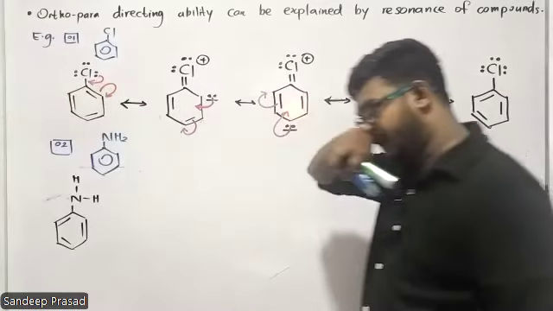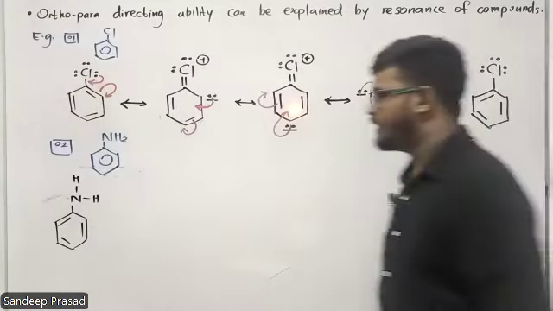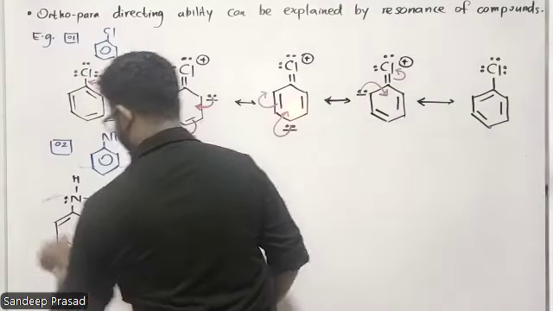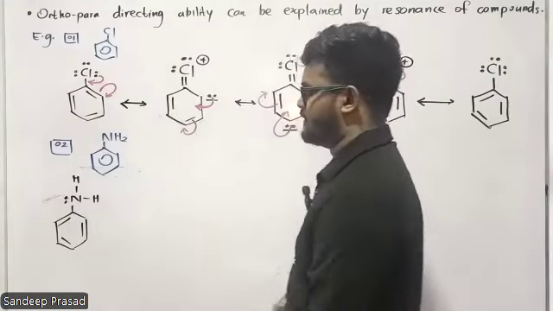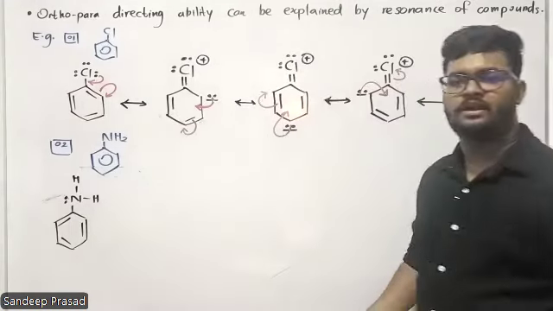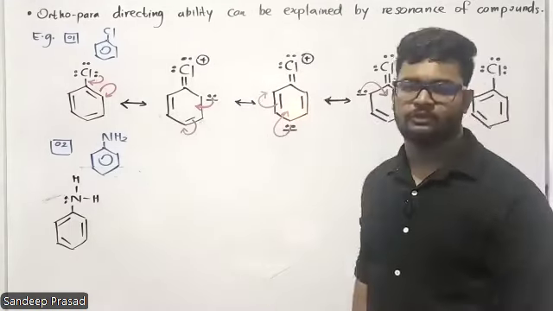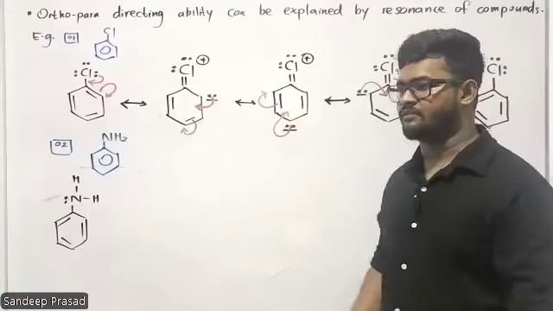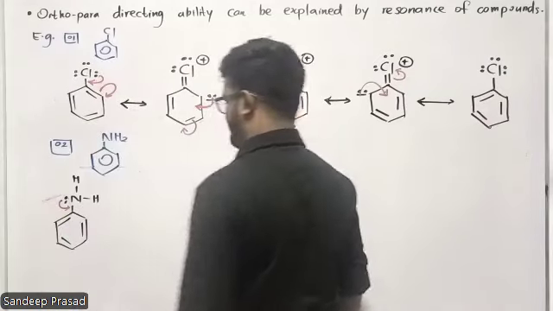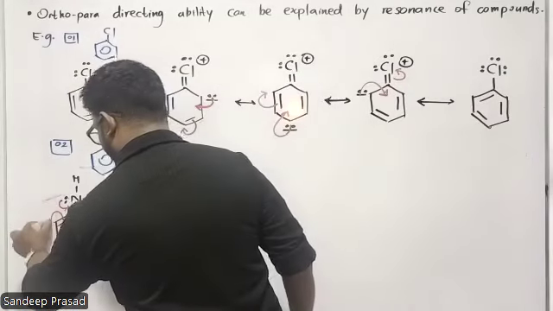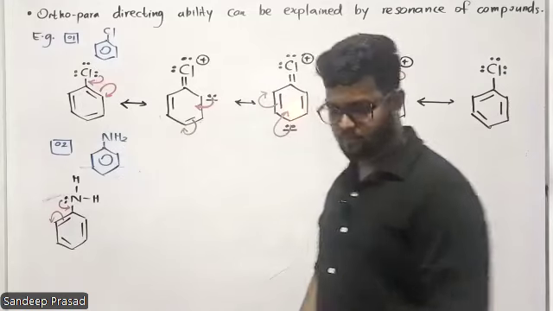Here it is, aniline, NH2. So there is a lone pair, right? So what will happen, as we discussed? These are ortho para directing groups. They are giving electrons to the benzene ring, electron repulsive groups. So this lone pair is given to this carbon-nitrogen bond. Then carbon cannot have 5 bonds, so this bond has to be broken.